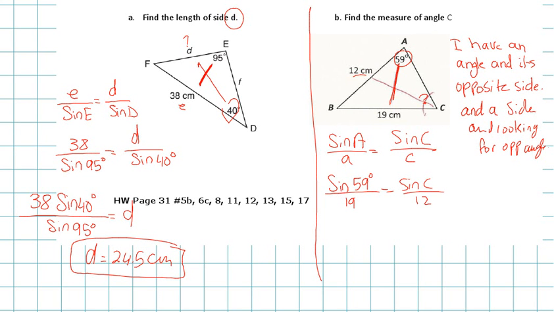And again, same thing, cross multiply, right? That's why we use the different versions, because it makes it easier for us to solve. If we pick the wrong version, it's not wrong, it's going to make it a little bit harder for you to solve. Okay? So I can cross multiply. So I would get 12 sine 59 over 19 equals sine C.